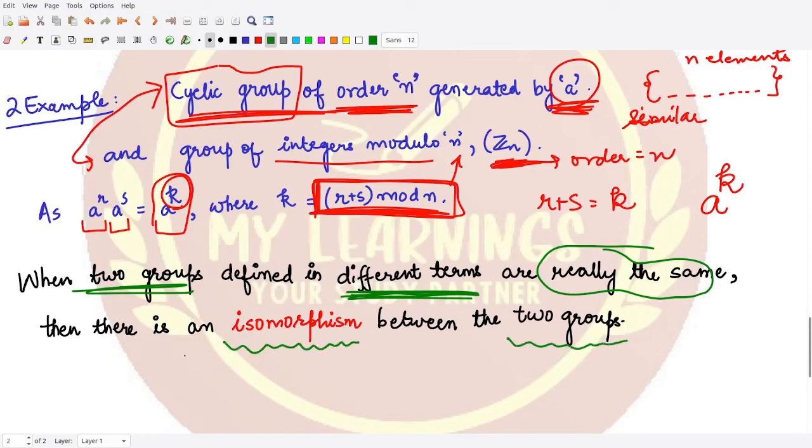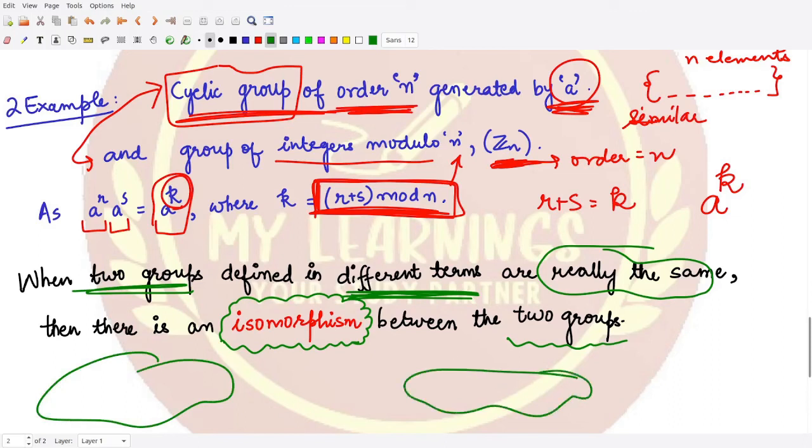You should note this word and keep it in your mind. What is isomorphism? We have one group here and another group here, they represent the same thing, but we are using different notation to define these two groups. This is the idea of isomorphism.